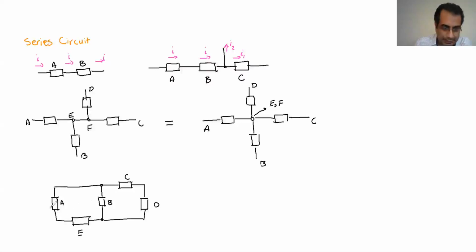Forget about the other end. As long as one end is directly connected together, they are in series.